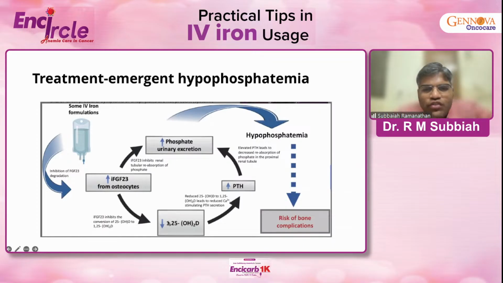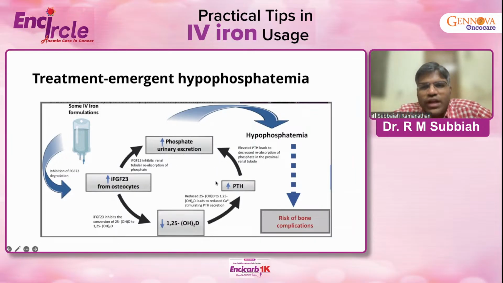So if vitamin D is not there, it increases parathormone, which again leads to decreased reabsorption of phosphate. It further reduces phosphate. So all you have to remember is phosphate excretion is increased, and phosphate levels are brought down by increased parathormone. Active form of vitamin D goes down.